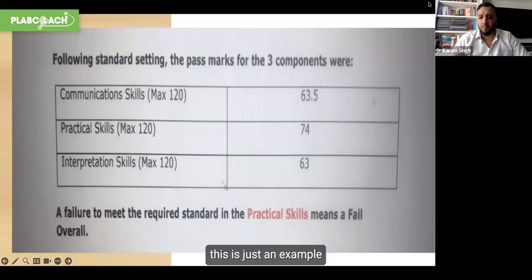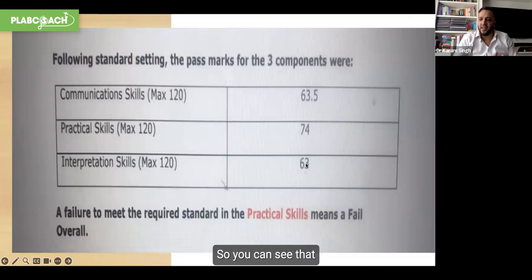Now, this is just an example of the feedback that you'll get at the end once you get your results. So if you see here on the left, you have your communication skills, you have your practical skills, and you have your interpretation skills, each with a maximum of 120 marks. Now, the standard set is here. So 63.5, 74, 63.